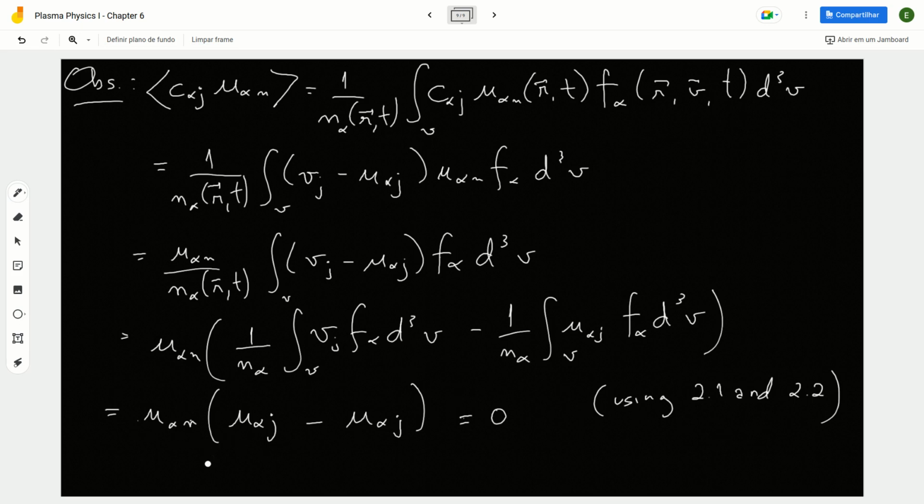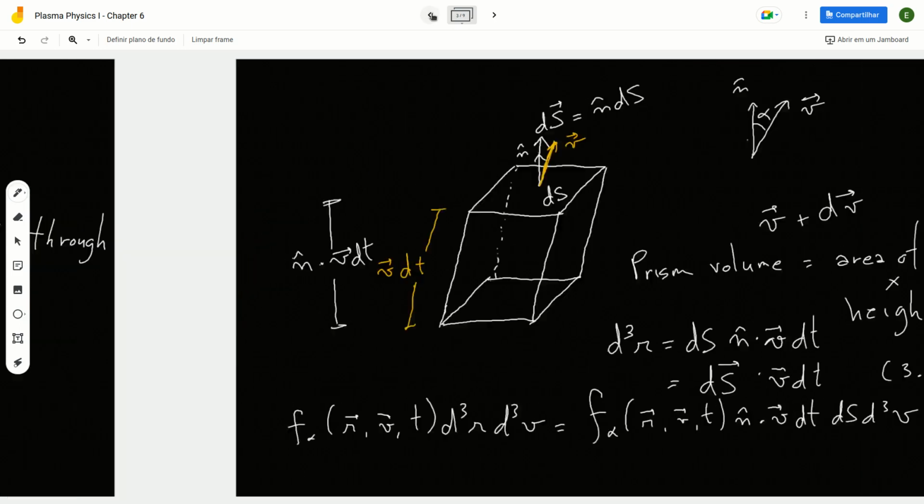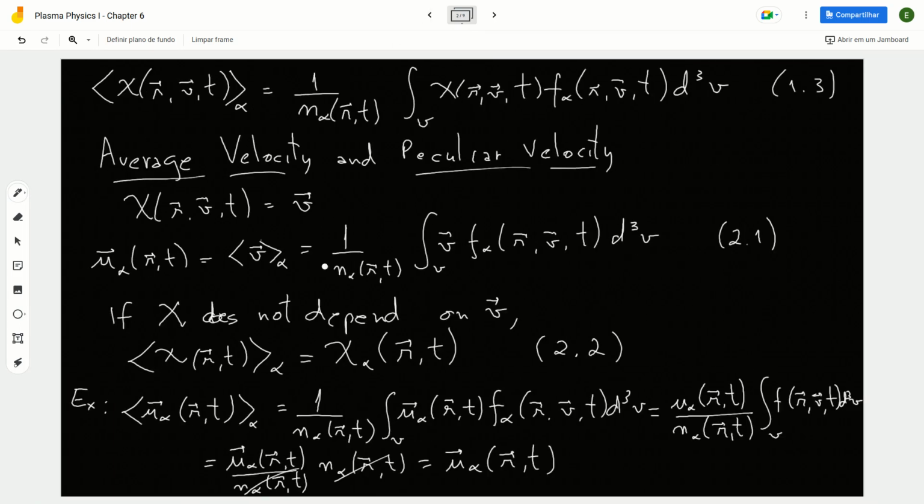And the same for U alpha j C alpha n. Because in 2.2, just to make sure, yes, this is 2.2, but after 2.2 you see that this is given by this here.